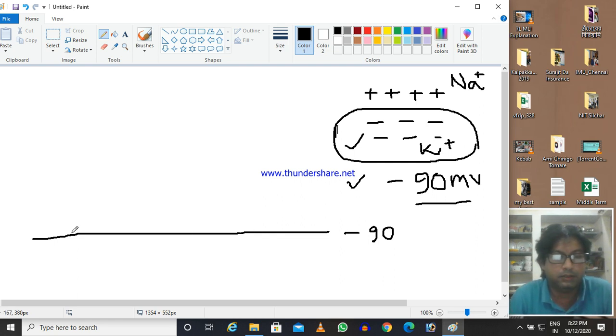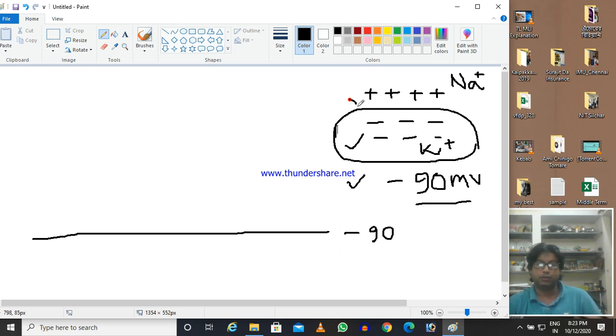So when the SA node generates the electrical pulse, at that time the cardiac myocyte, the myocardial cell, is at resting potential. Once that pulse reaches the contractile cells, what will happen? Slowly some sodium channels start to open.